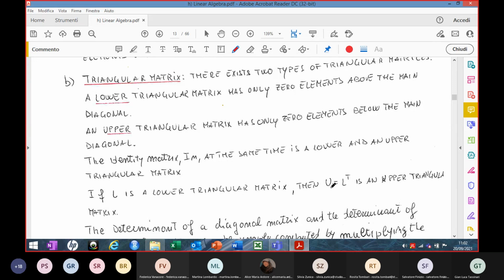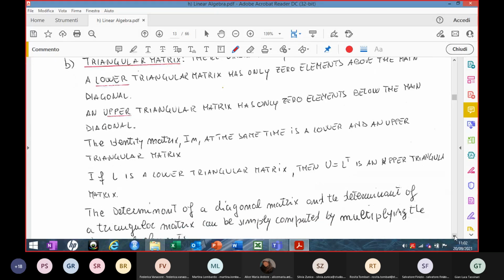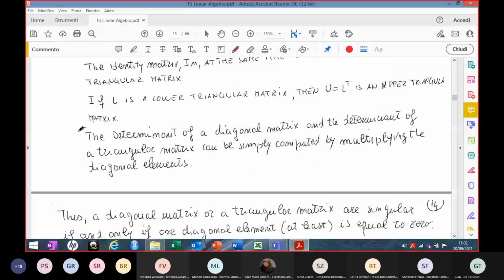Why am I explaining this now? Because here I provided another important property that can be obtained immediately from the general computation of the determinant I explained. You don't have to write because I wrote it here. The determinant of a diagonal matrix, or of a triangular matrix, can be computed very easily without having to perform all the steps I explained, because it is simply the product of the diagonal elements.